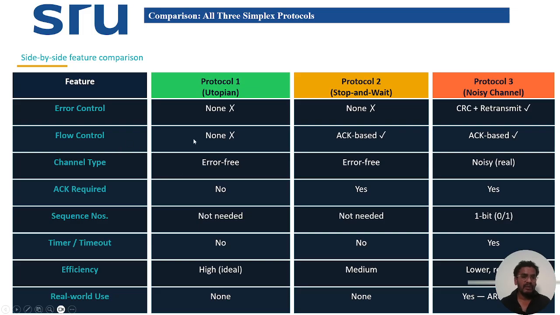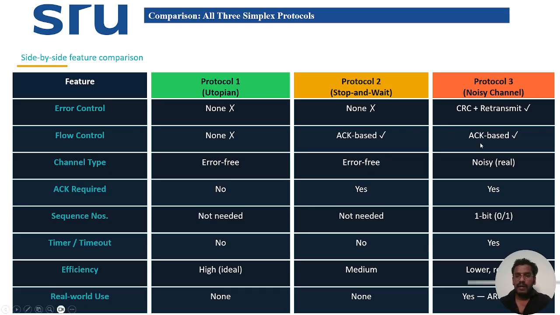For flow control in the first protocol, it is not applicable because it is a continuous flow method, with no restriction to stop the flow. In the stop and wait method it is possible because the receiver sends the acknowledgement, and based on the acknowledgement we can maintain the flow.